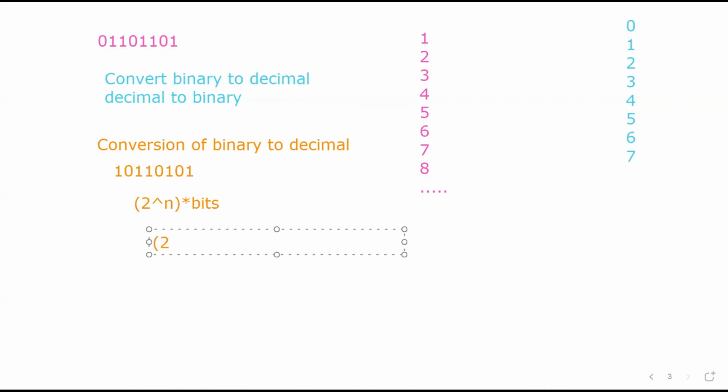2 to the power 0 into our first bit, which is 1.